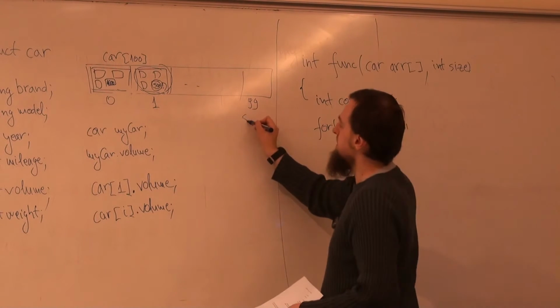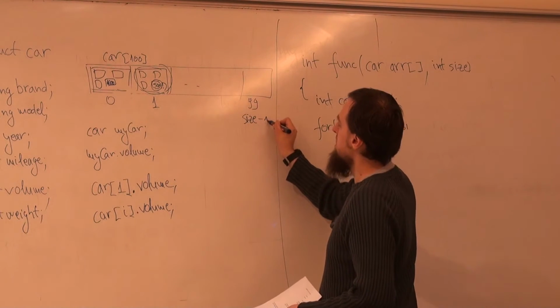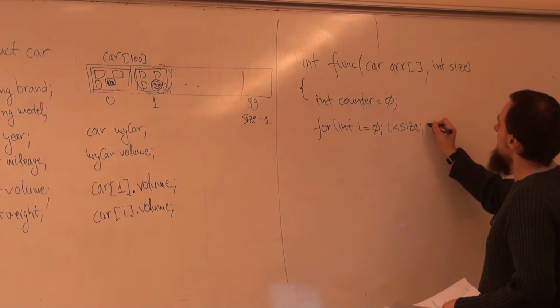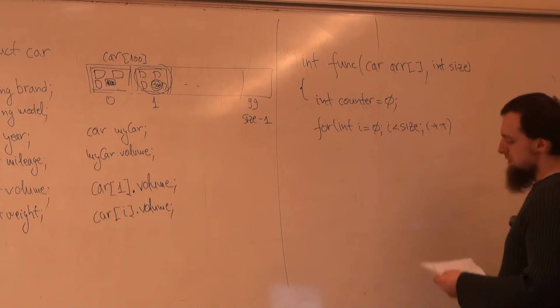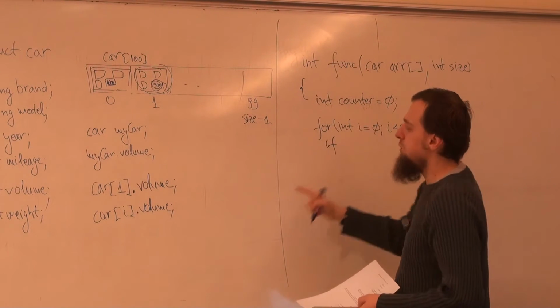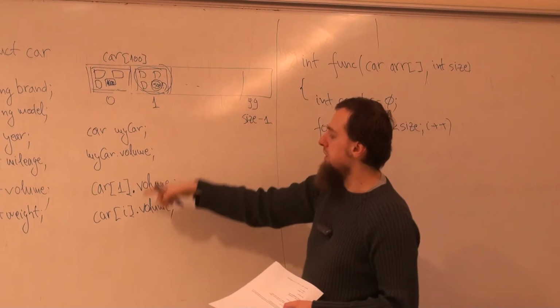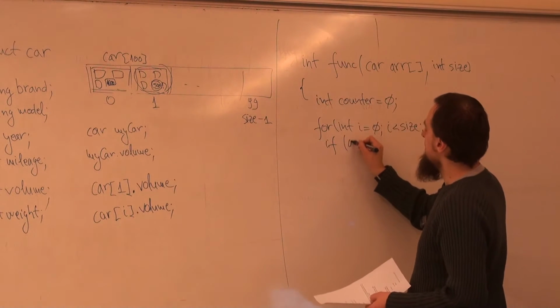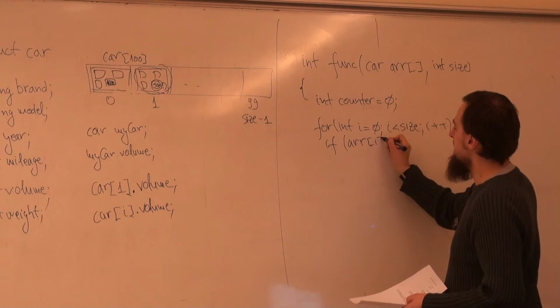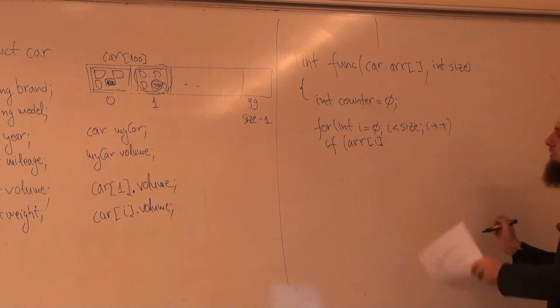So here is the size, minus 1. i plus plus. What do we do? We check. How do we access a particular element? Array in middle brackets of i.